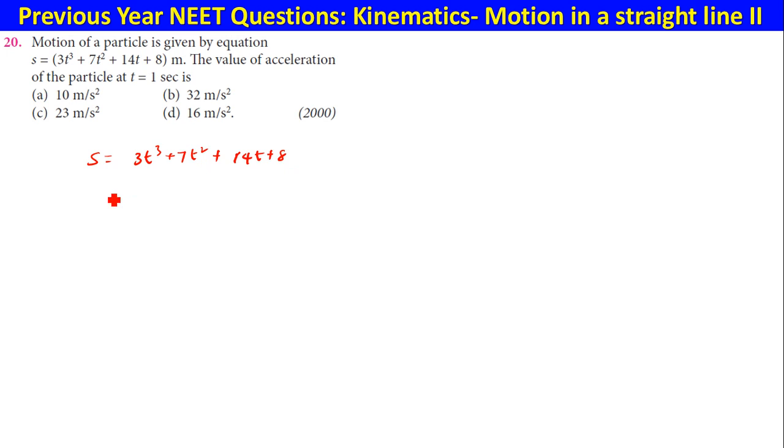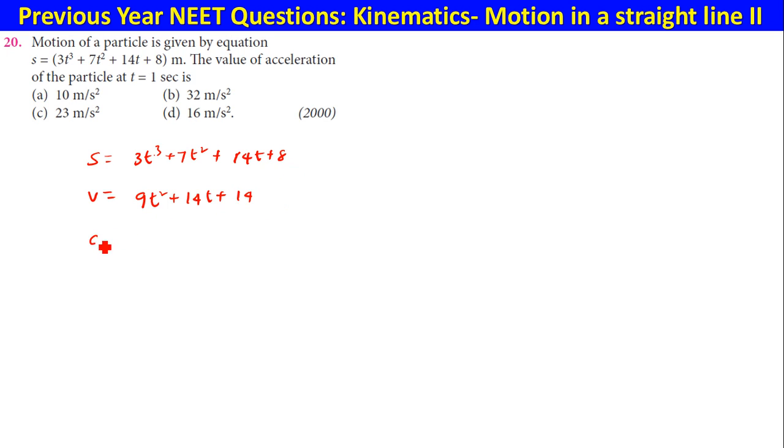Now if you differentiate this with respect to time, you will get velocity. Differentiating displacement with respect to time: 3 into 3 is 9, t cube differentiation is 3t square, so 9t square, plus 7 into the differentiation of t square, which is 2t, so 14t, plus 14, as the differentiation of t is 1, and the differentiation of a constant is 0.